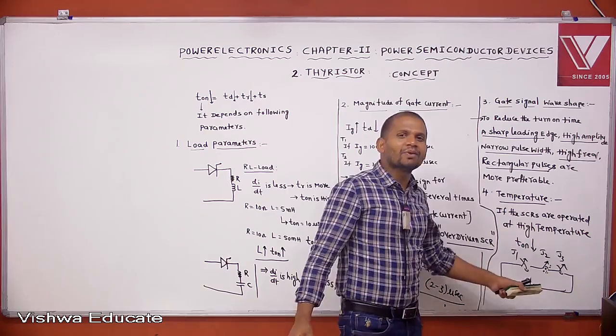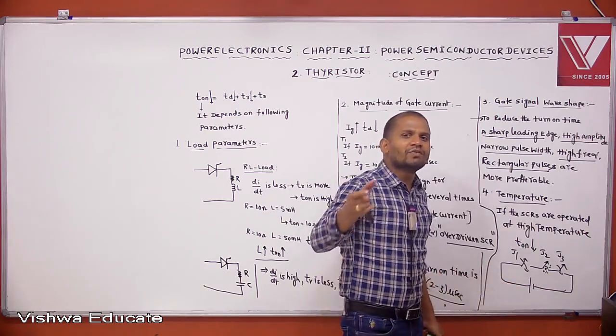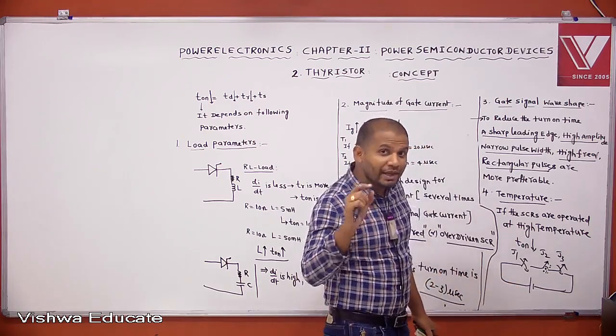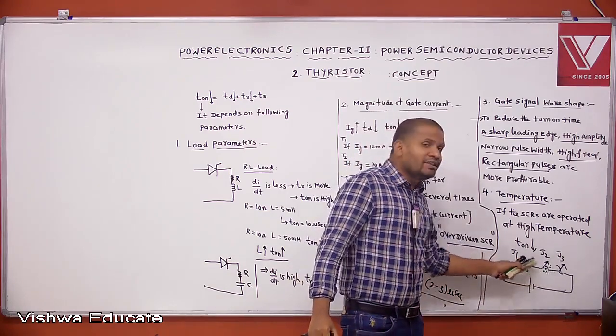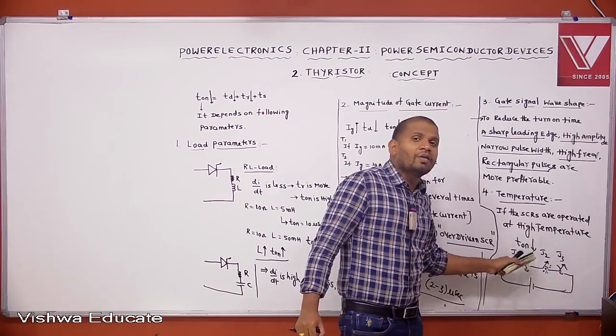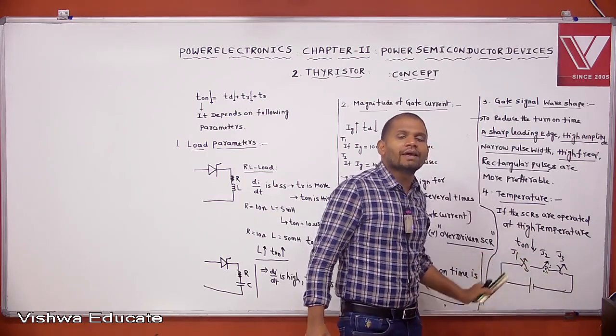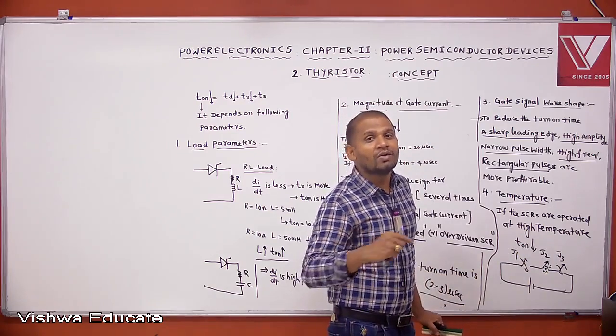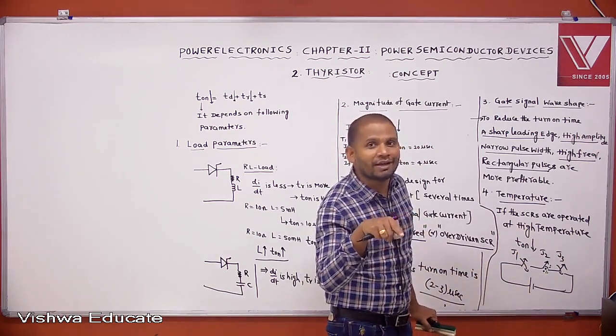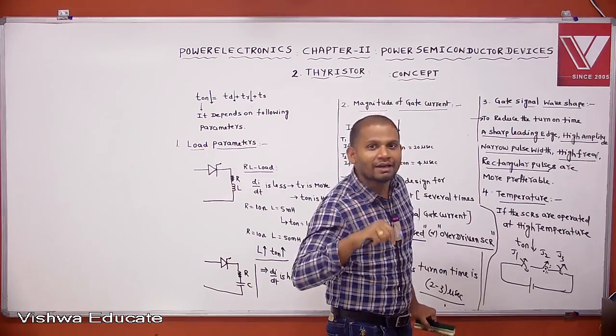Once it has more charge carriers, what is the width of J2? Yes, less. Once the width of J2 is less, does it break down within less time or more time? Yes, within less time it breaks down. Once it breaks down in less time, it comes into forward conduction mode sooner, so the turn on time reduces.